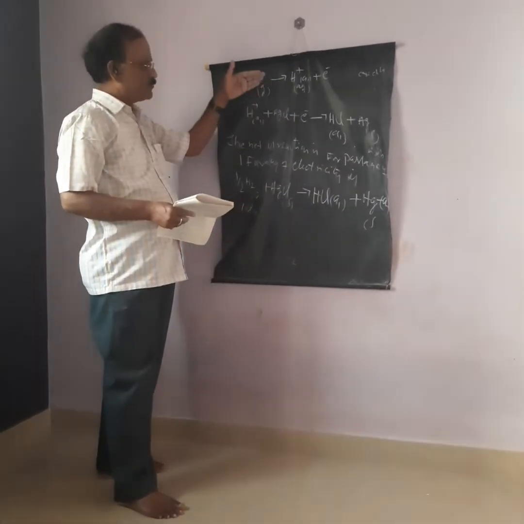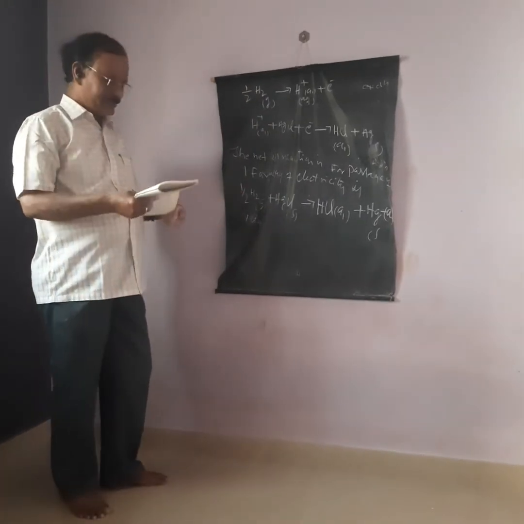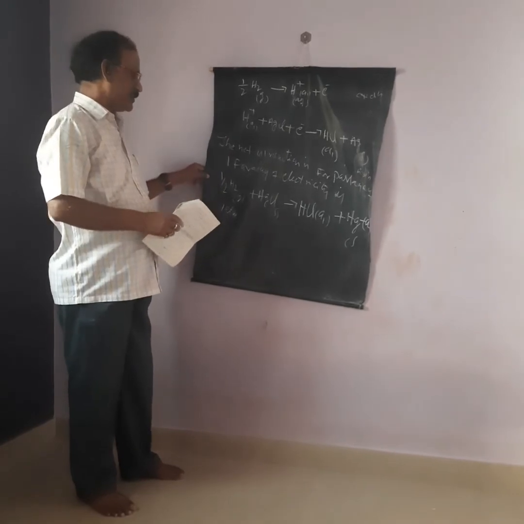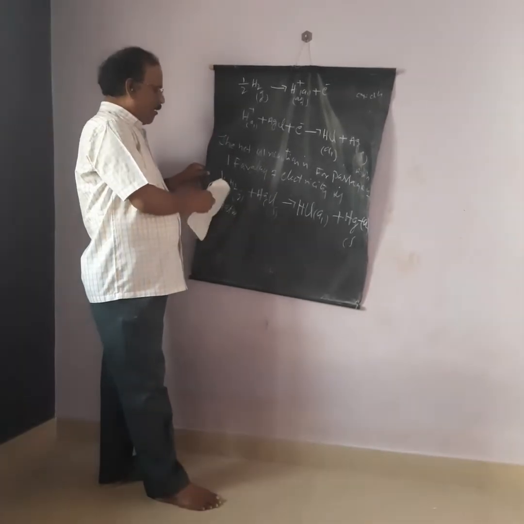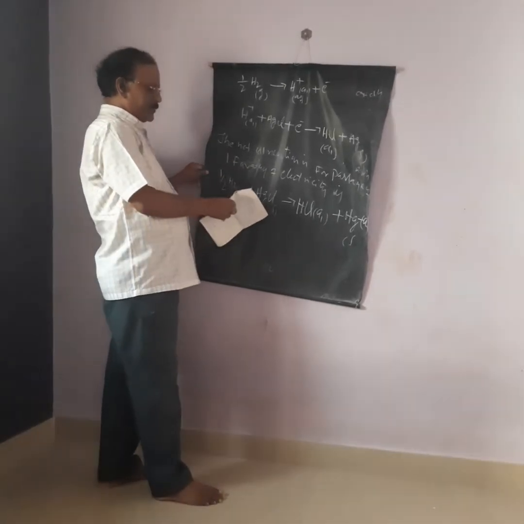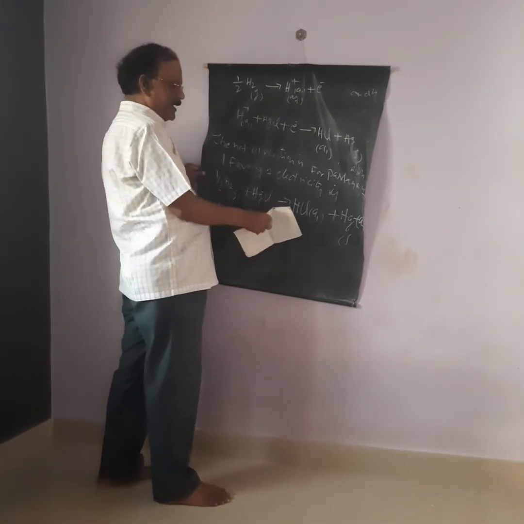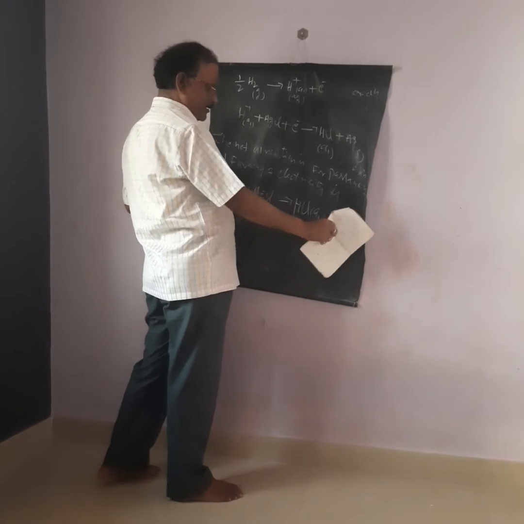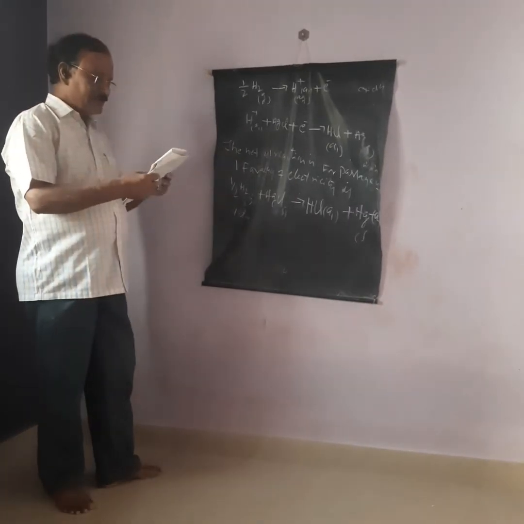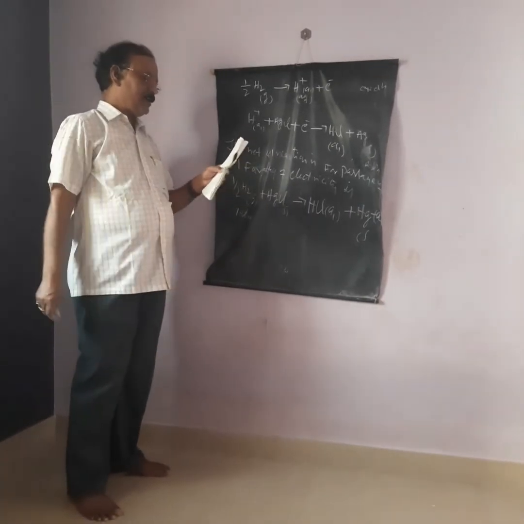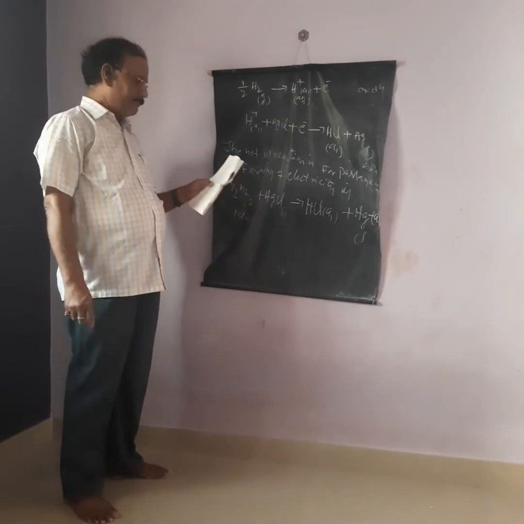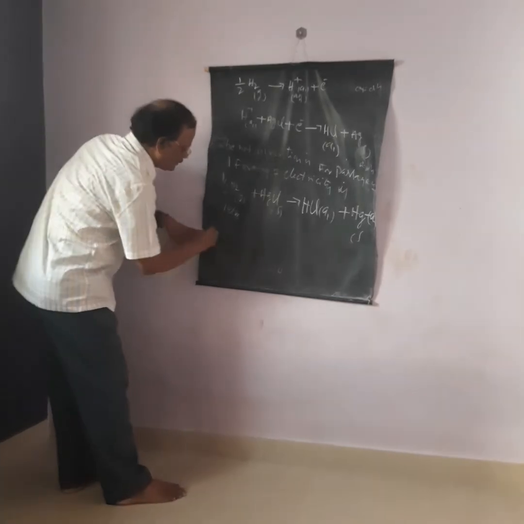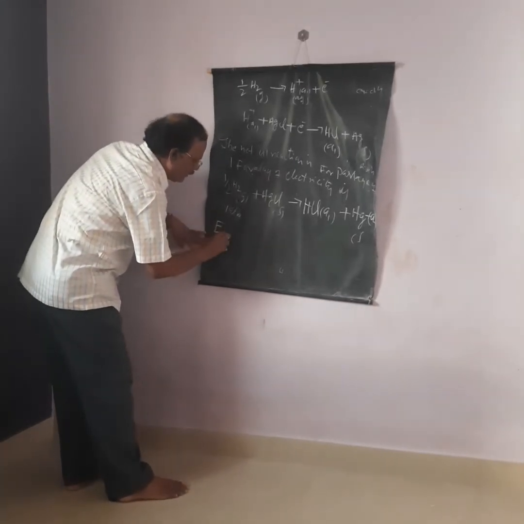For the passage of 1 Faraday of electricity, the whole reaction will be half H2 gas at 1 atmosphere plus AgCl solid gives rise to HCl at activity A1 plus Ag solid. Next, the EMF of this electrochemical cell, I can write as E1.